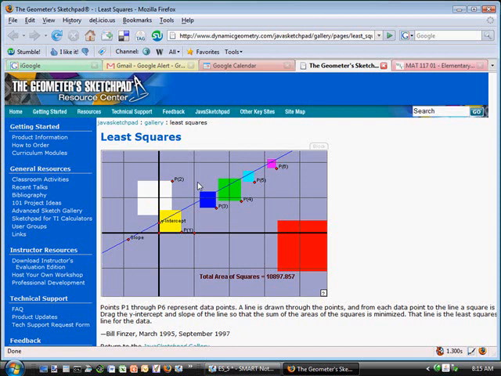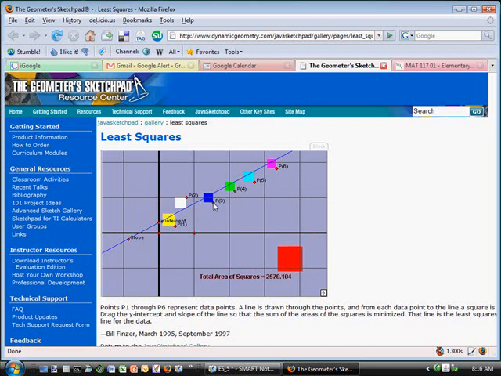So watch now, you can do this live. As you grab a point and move it closer to the line, I'm going to grab this P2. You see how the square gets smaller? You notice the red square gets smaller too, the total? So if I move all these points a little bit closer, what happens to the total of the squares?